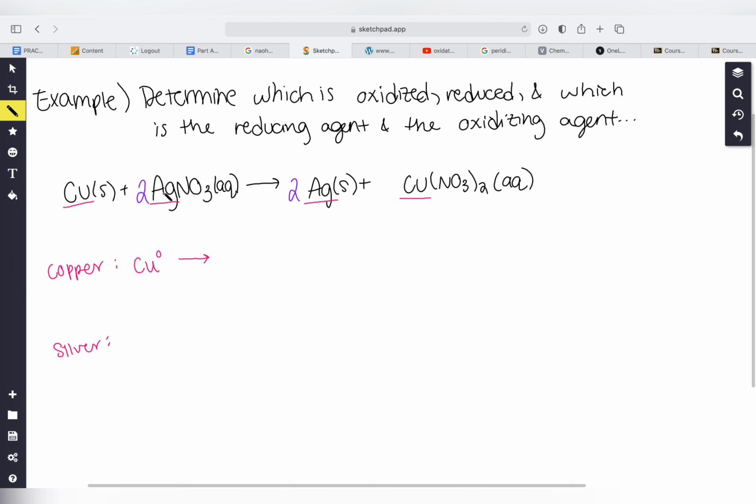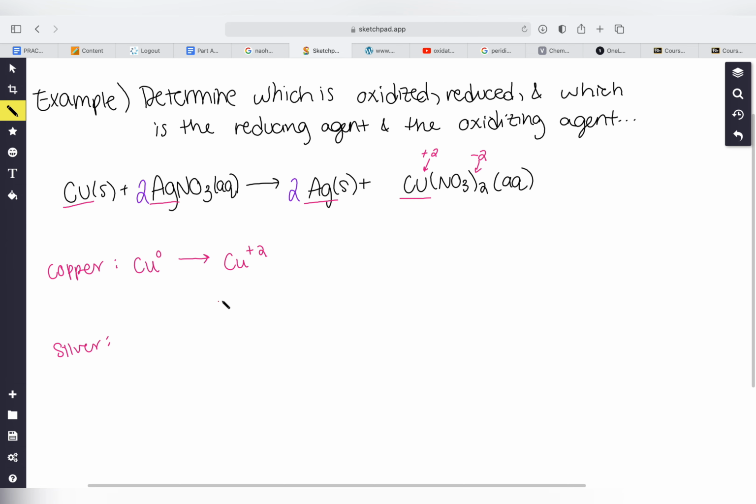We know that because silver has a charge of +1 and nitrate has a charge of -1, which you can find on the periodic table. With 2 nitrates, you have -2, so copper must be +2 to cancel out those charges. So copper is +2.